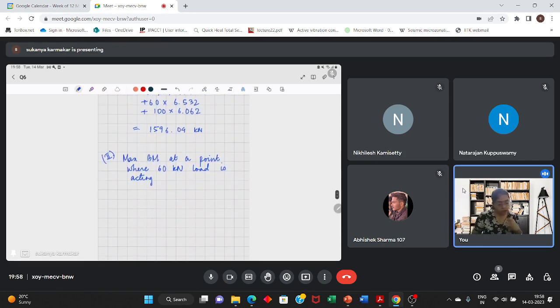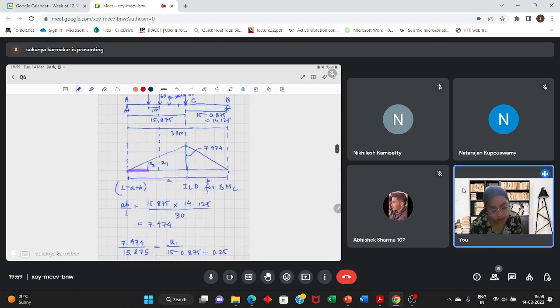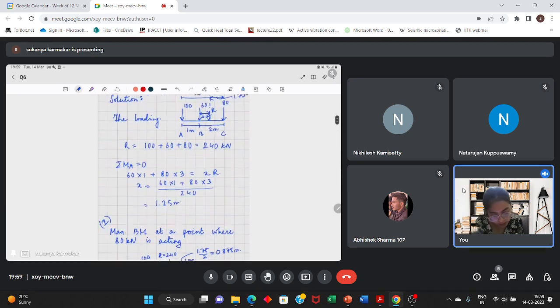So where 60 kilonewton is acting, again, this is the beam A and B. This is the centroid. The entire length is 30 meter. Now 60 kilonewton is here. Resultant acts here. What is the distance between 60 kilonewton and resultant?